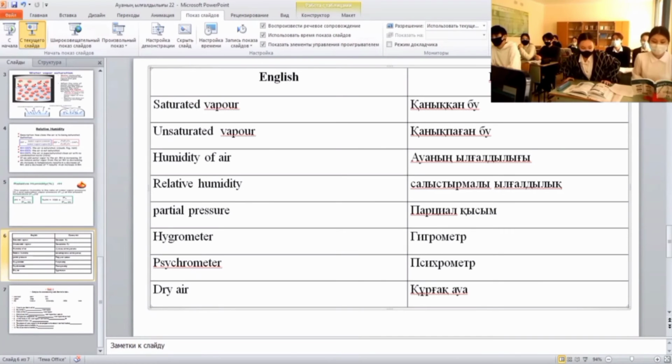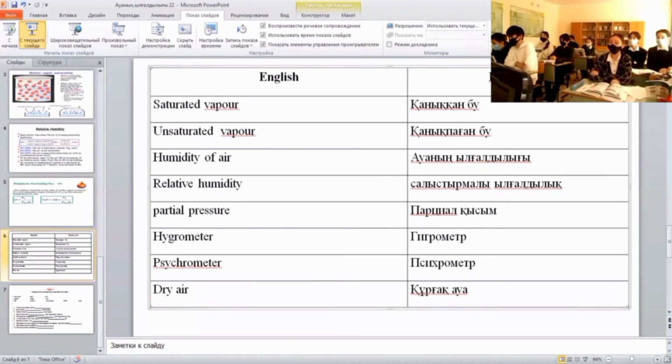This is the maximum limit of water vapor in the air at a particular temperature. When the vapor reaches this maximum limit, it is saturated vapor. When it is not at the maximum limit, it is unsaturated vapor.